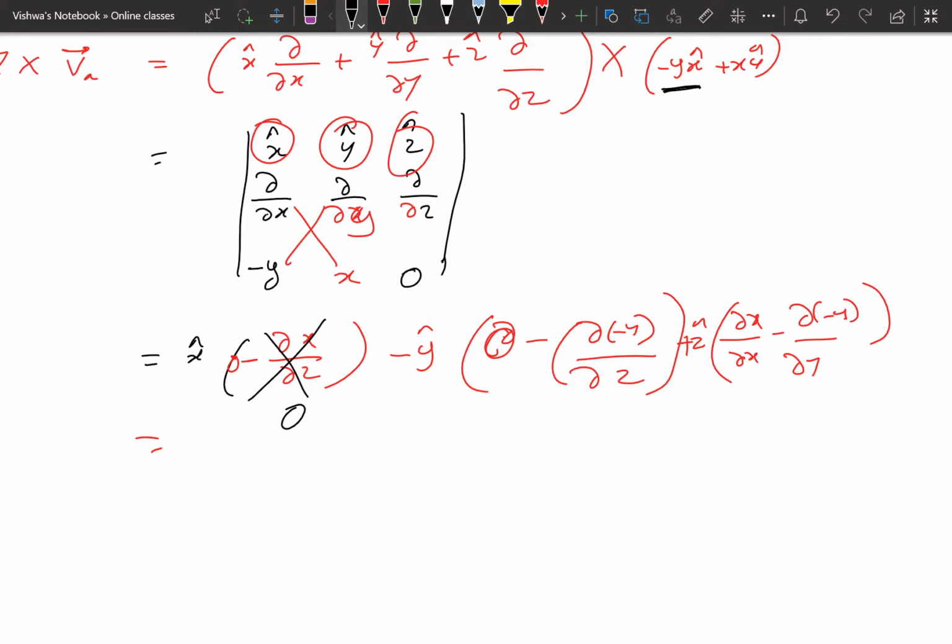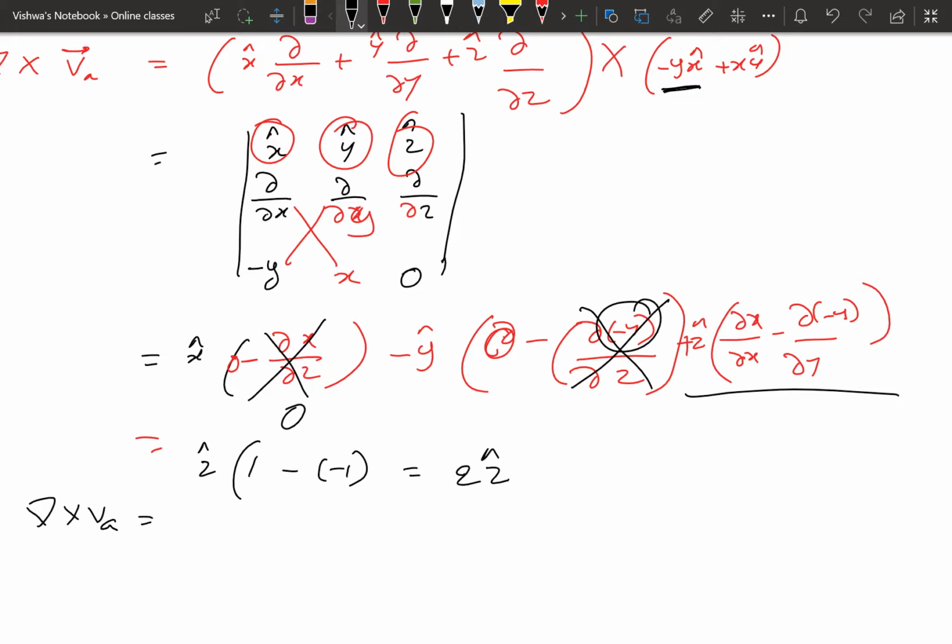Here it is a partial derivative, and this y does not contain z, that means it is independent of z, so this is also 0. The last term that is left is z cap. Dou x by dou x is 1 minus dou of minus y by dou y, so it is minus of minus 1. So finally we get 2 z cap. The curl of vector field VA is 2 z cap. This z cap indicates the direction of the curl.